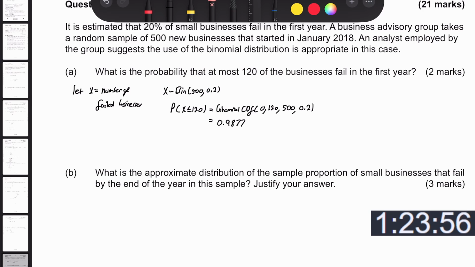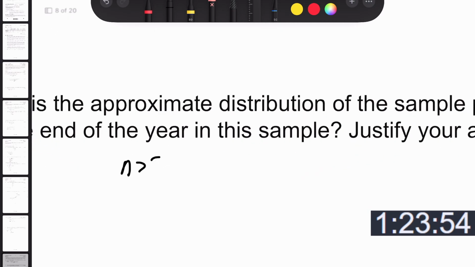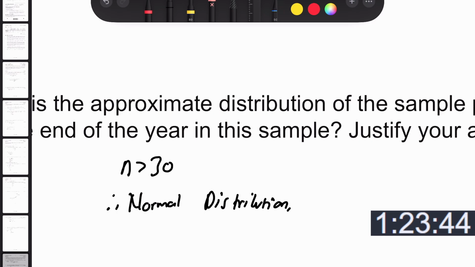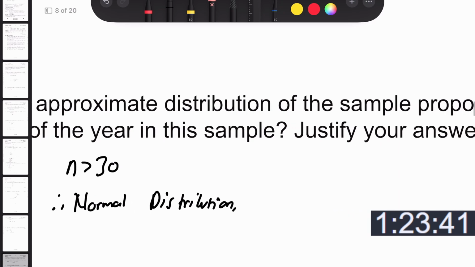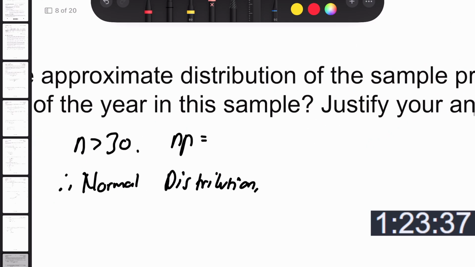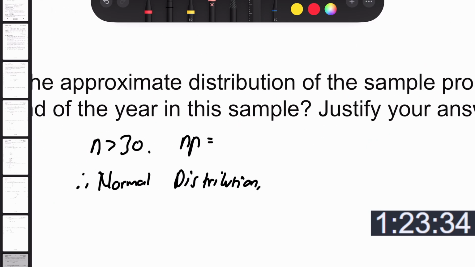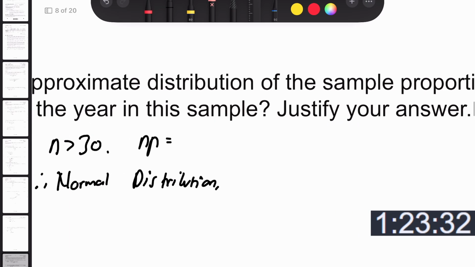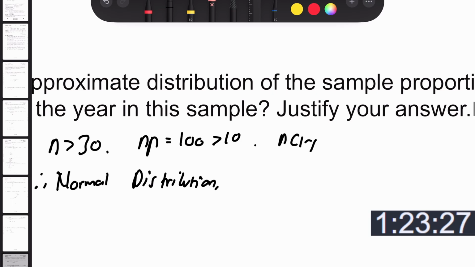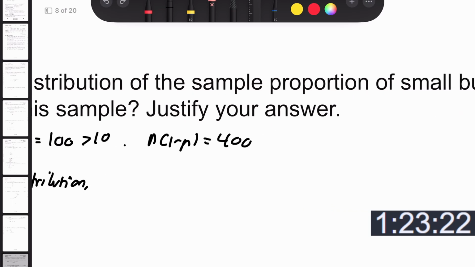What is the approximate distribution of the sample proportion that failed by the end of the year in this sample? Justify your answer. So we'll say n greater than 30, therefore normal distribution. Let's just do np. Because it says justify, maybe I have to do a bit more. np is 500 times 0.2, which is 100, which is greater than 10. And then n times 1 minus p is equal to 400, which is also greater than 10.